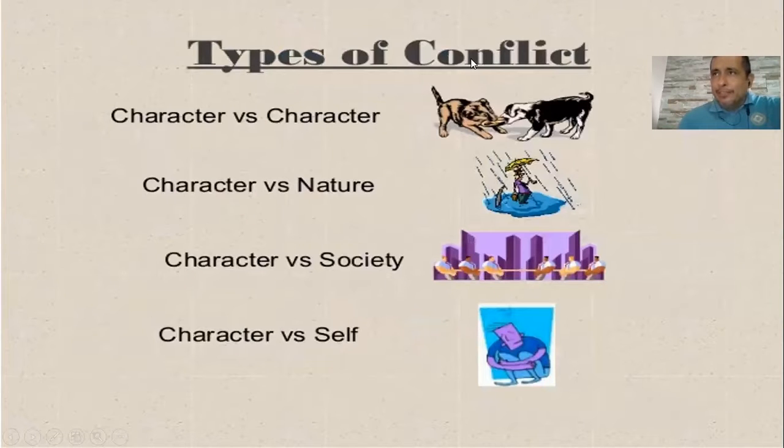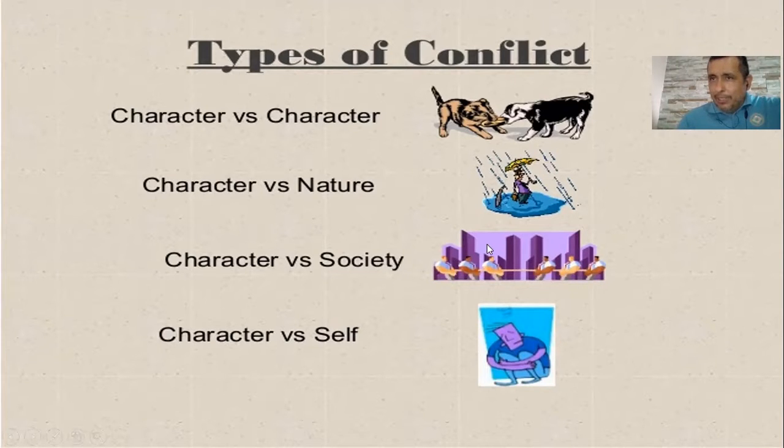Types of conflict. Sometimes the character is going to have conflict with other characters. Character versus nature. Maybe there is a hurricane, a disaster in nature that affects the characters. Character versus society.